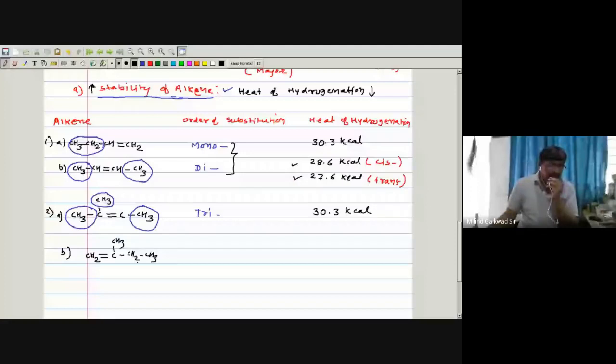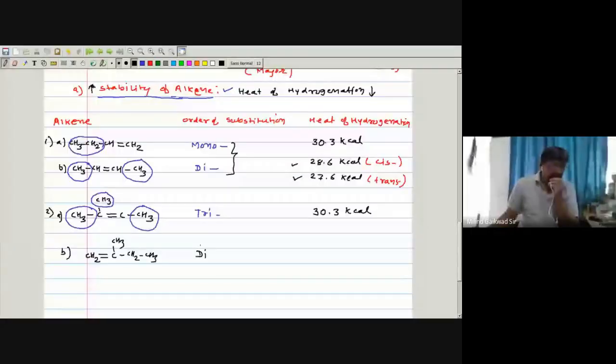And if you see the heat of hydrogenation for the di, it is found to be 28. So I have written it wrong.